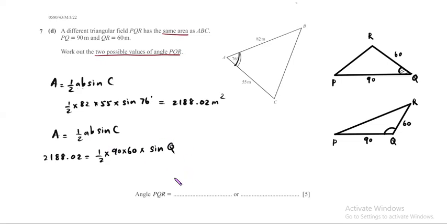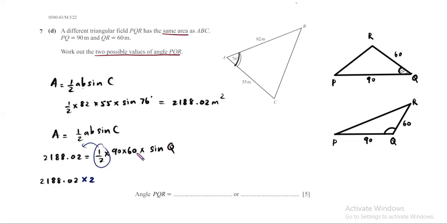Then I need to rearrange this to find what Q is. I have 2188.02, and I'm going to bring this half to the other side. A fraction brought to the other side will flip and multiply, so the half becomes 2 over 1, which is the same as 2, and multiplies whatever I have on the other side.